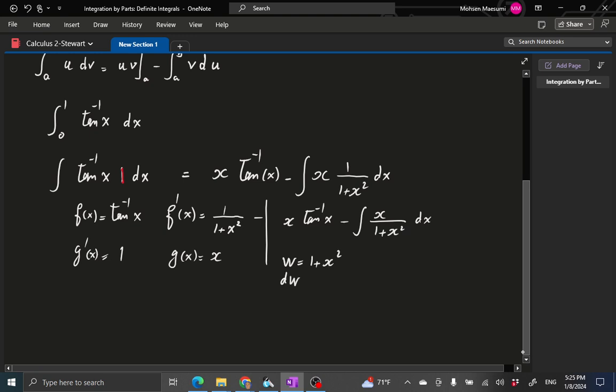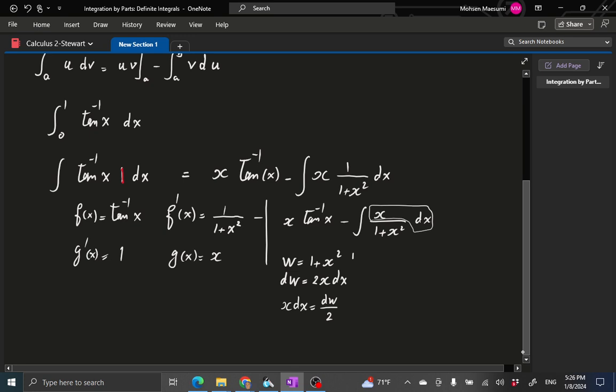Then the differential of my substitution is going to be 2x dx. Does something like this show up in my integral? Well, I have x dx showing up. So who is x dx? x dx is of course dw over 2. It's half of my differential of w.